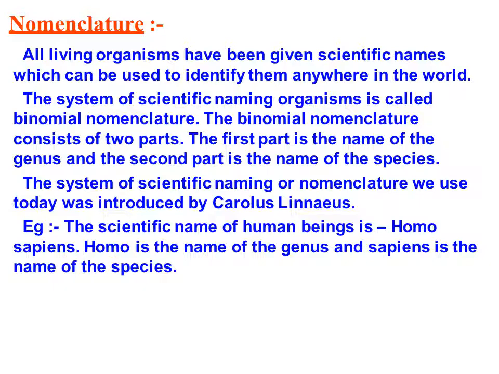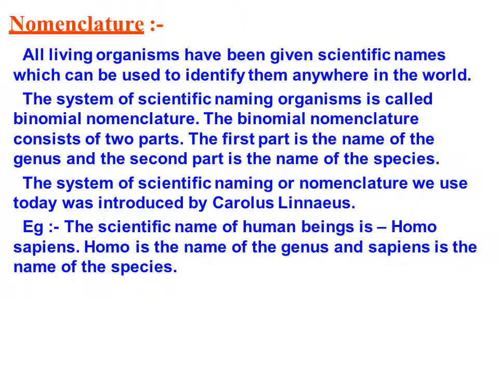The system of scientific naming we use today was introduced by Carolus Linnaeus. Every organism has been given a scientific name, not a common name. We are human beings, but the scientific name of human being is Homo sapiens.